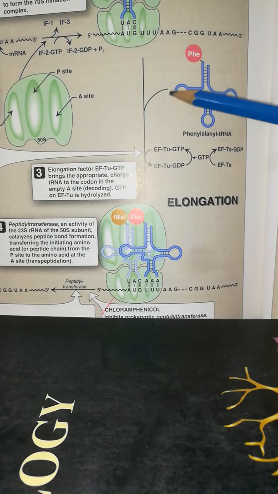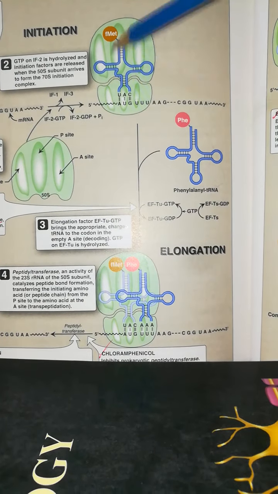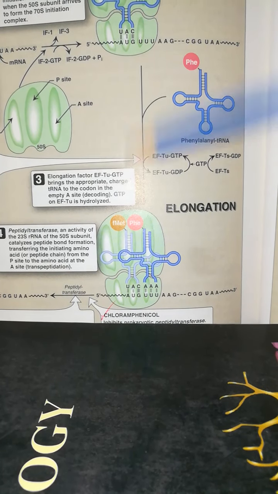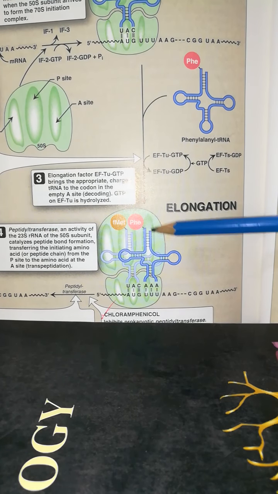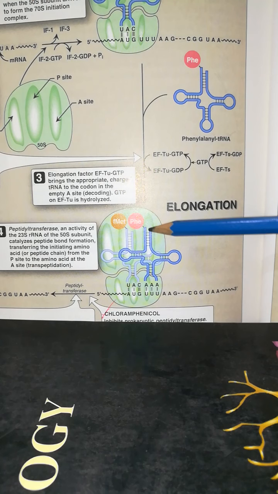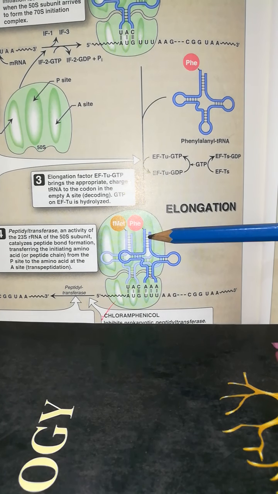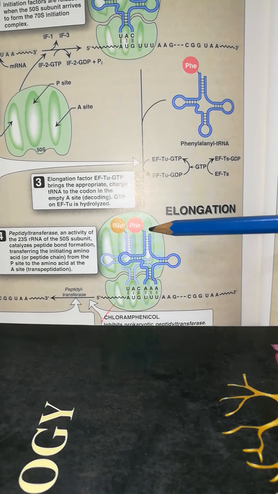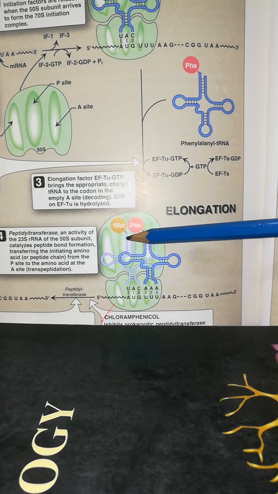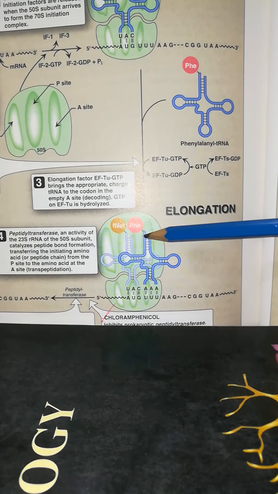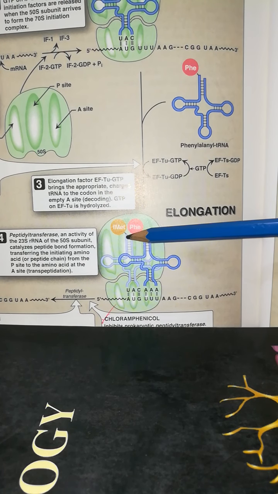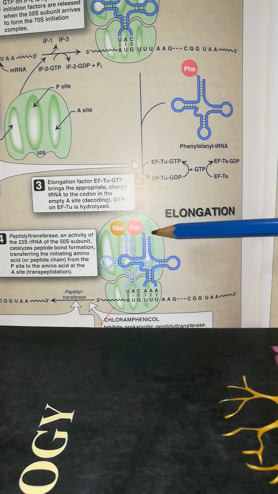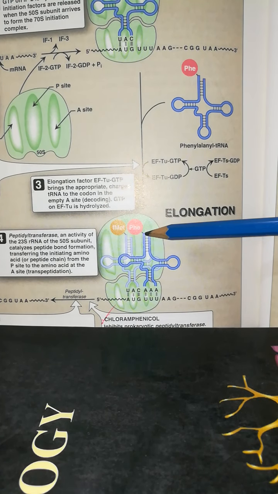So the first tRNA with methionine comes to the P site, but the next tRNA with phenylalanine or another specific amino acid enters through the A site of the ribosomal subunit, and this process continues. Suppose another amino acid tries to come to the A site, and methionine must go to the E site. This phenylalanine-containing tRNA must go to the P site, and the new amino acid-containing tRNA comes to the A site.